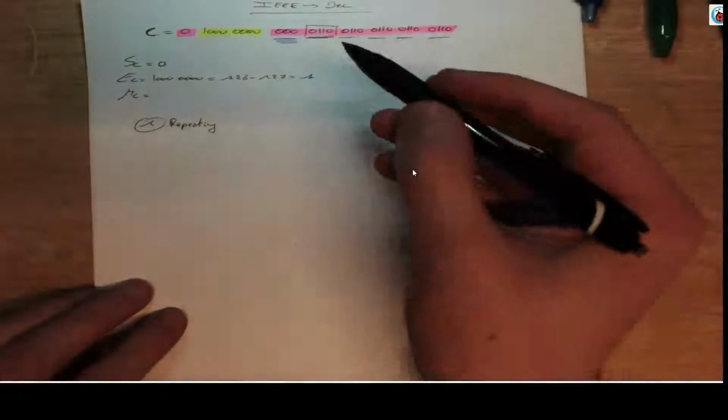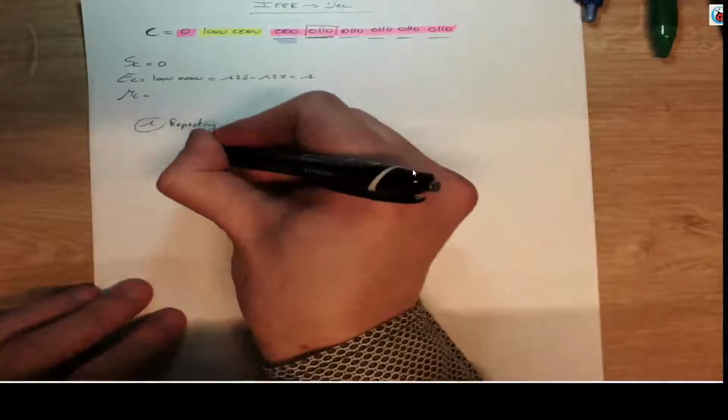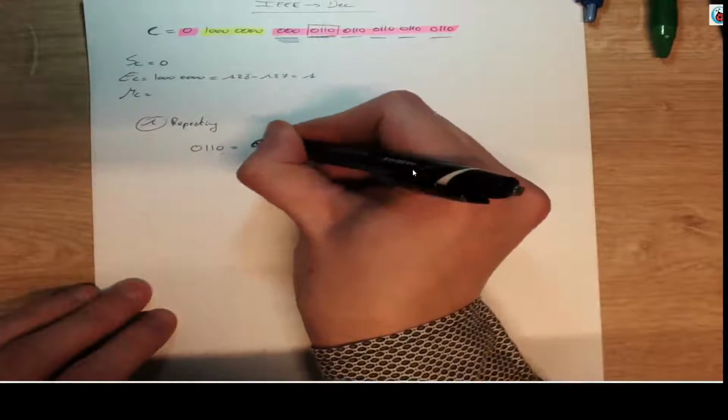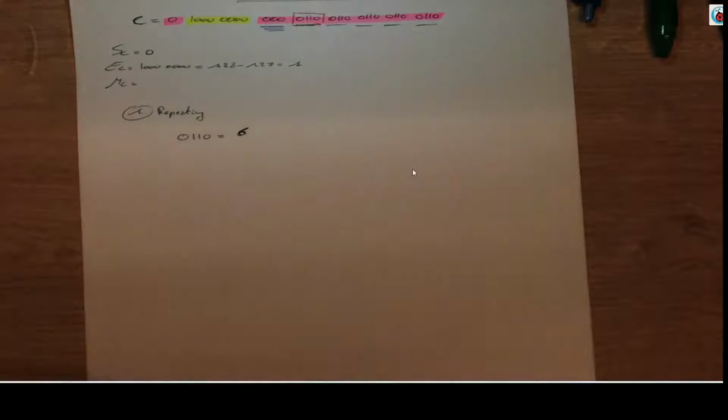To be able to do this, we need to take one of those repeating parts. In this case it's 0, 1, 1, 0. I'll calculate its decimal representation, which is 6. And I will divide it by the next most significant value, or bit representation, just like with the rounding.